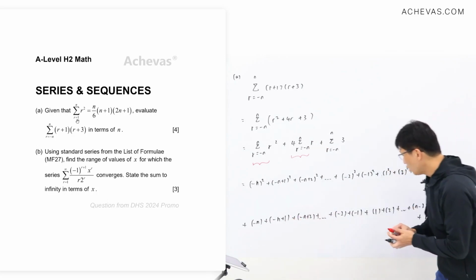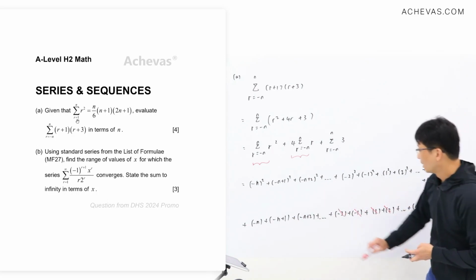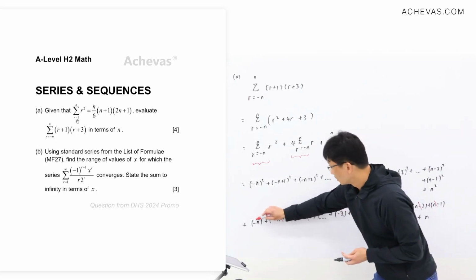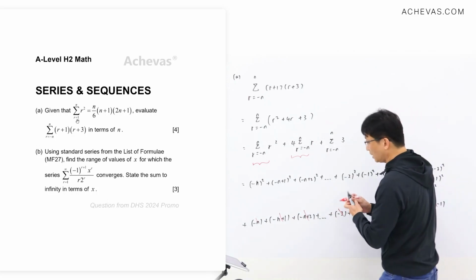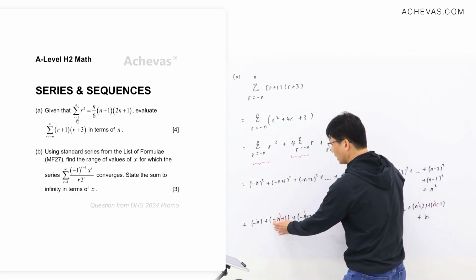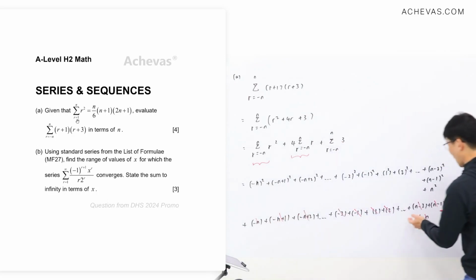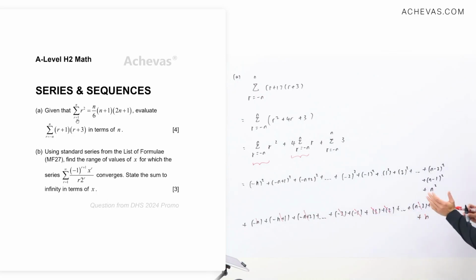Looking at them one by one, this is cancelled, this is also cancelled, and similarly this will be cancelled with this, and this with this, and this with this. If you are unable to see this, you can think of it by factorizing out the minus sign here. I will be left with n minus 1, which can be cancelled out with this, likewise for this particular term and so on.